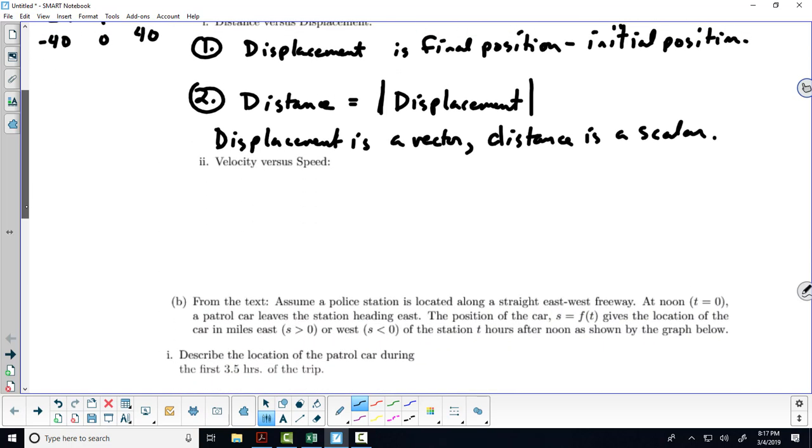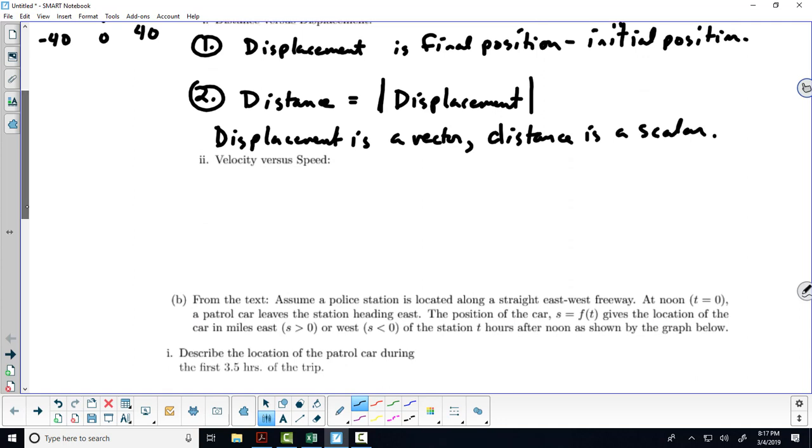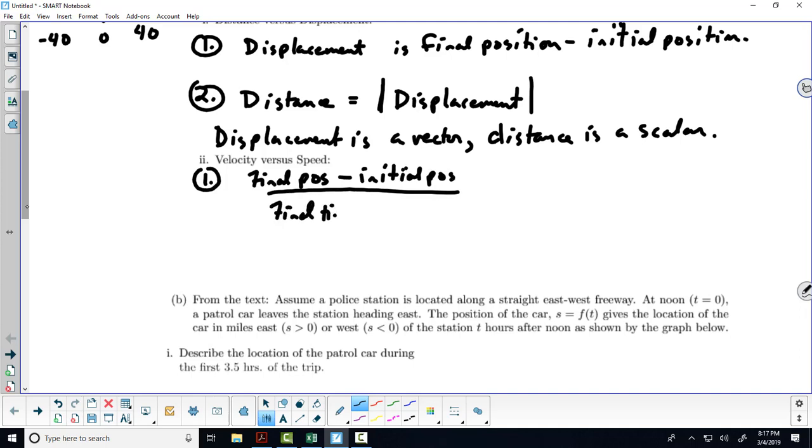Well, velocity then is final position minus initial position, all over final time minus initial time. Okay. Let's look at the units on that.